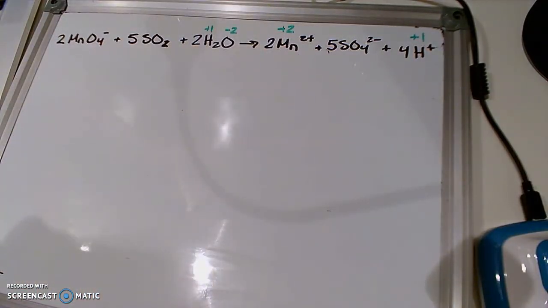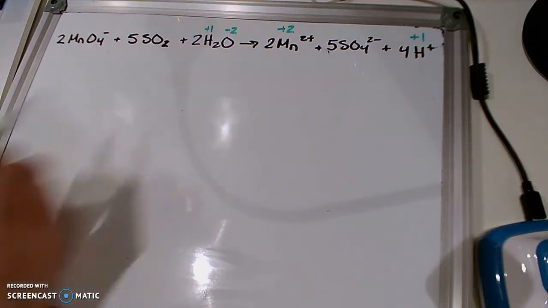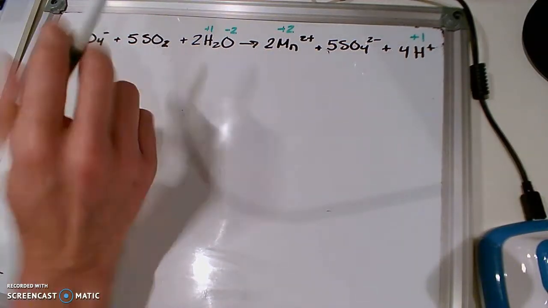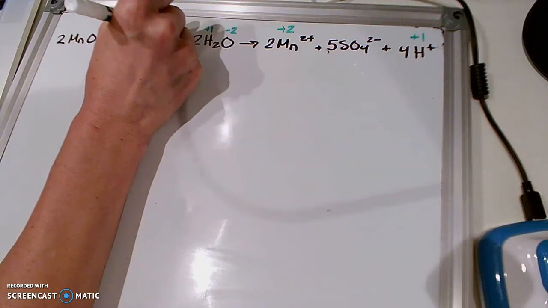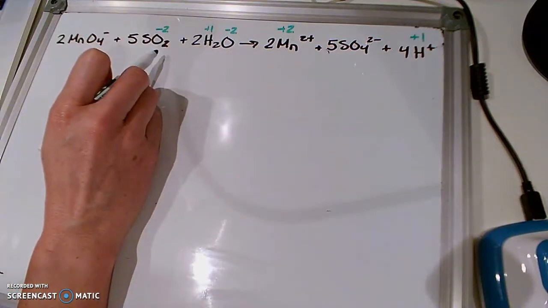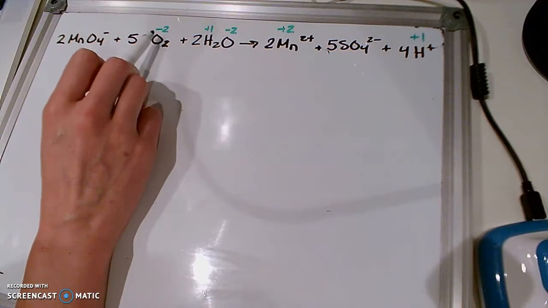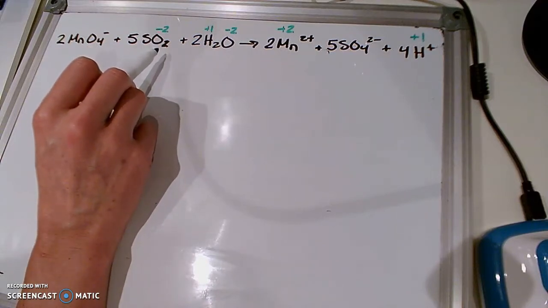Okay, and similarly with this SO2, oxygen is going to be -2. We have 2 of them, so this is a combined power of -4 in oxidation numbers.